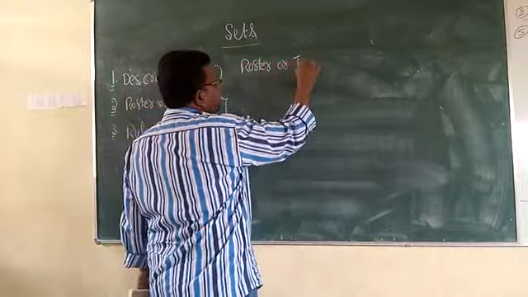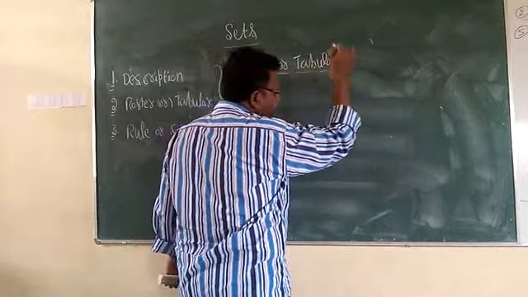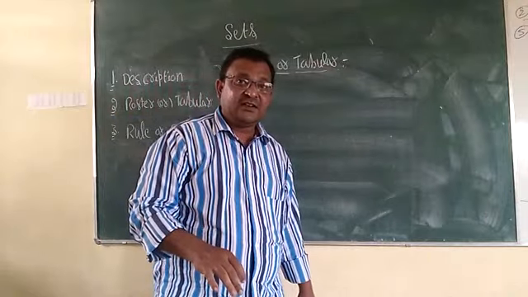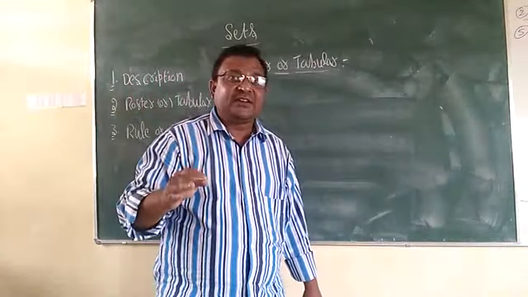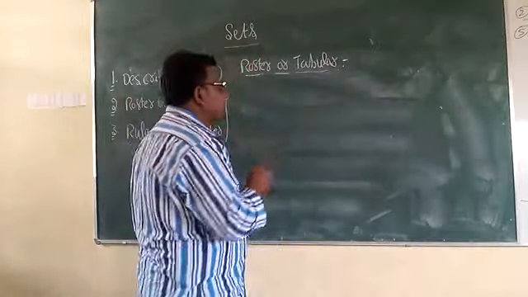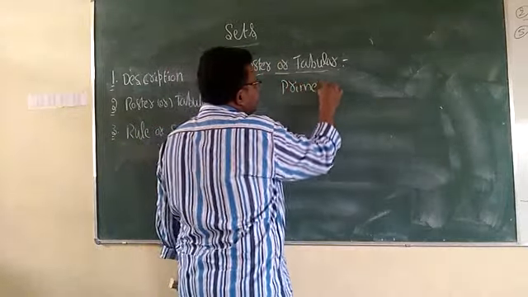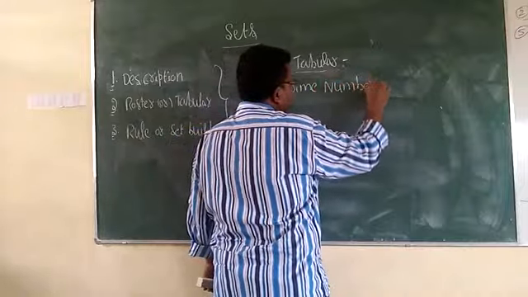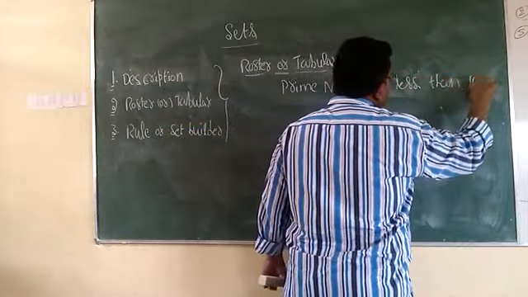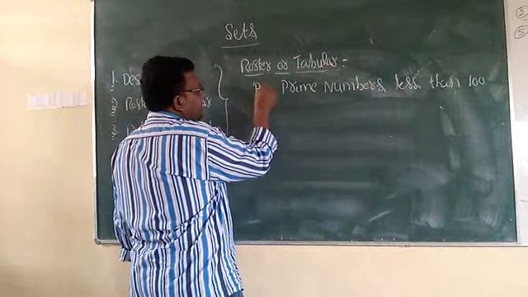Roster or tabular method. In this method, for a given description, we will list out all the elements in that set. Here the description is prime numbers less than 10, so it is 2, 3, 5, 7.